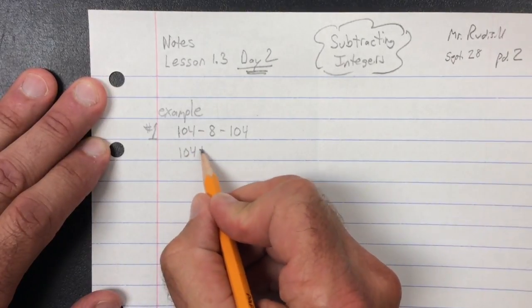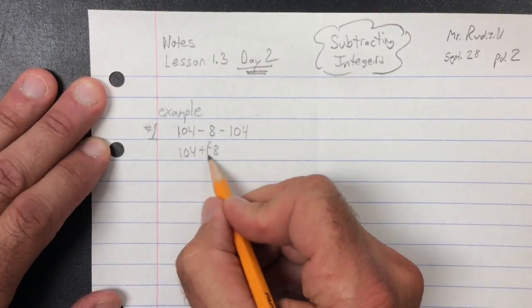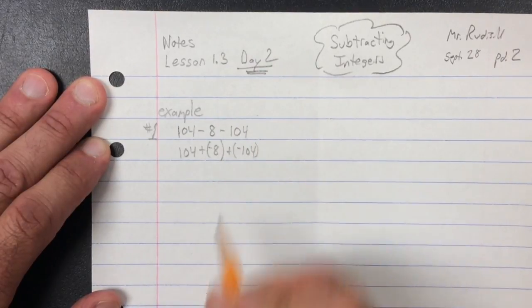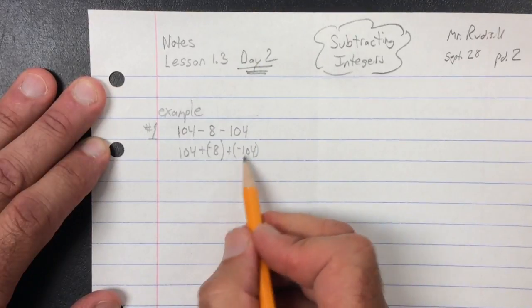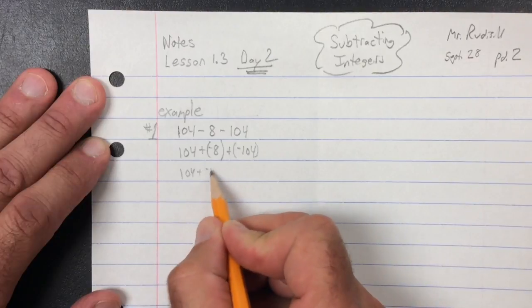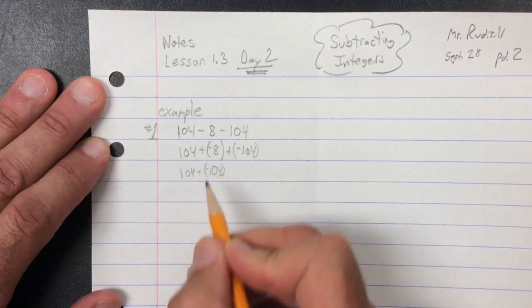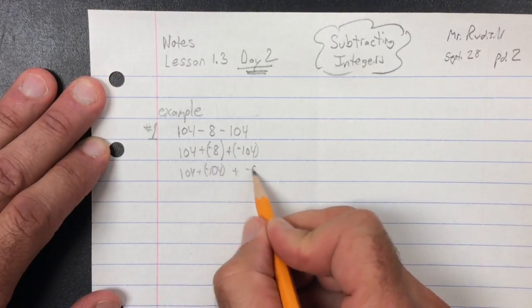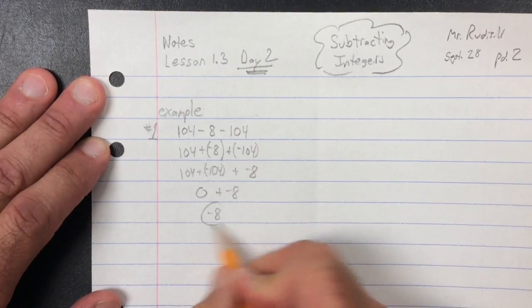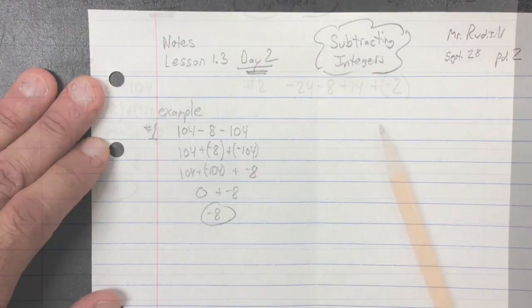And the reason we want to do that is so we can move the numbers around to make the simplification of the problem a lot easier. So if you notice, there are 2 negatives, but there's also 2 opposites, 104 and negative 104. So I'm going to move those next to each other. And of course that gives you 0 plus negative 8. So the final answer is just a negative 8.